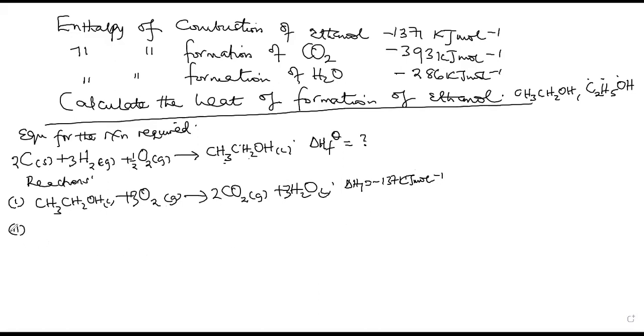Reaction 2, enthalpy of formation of carbon dioxide. We are forming carbon dioxide. So carbon, solid, is reacting with oxygen, the constituent elements, to give us the carbon dioxide gas. And this will give us ΔH2, which is negative 393 kilojoules per mole.